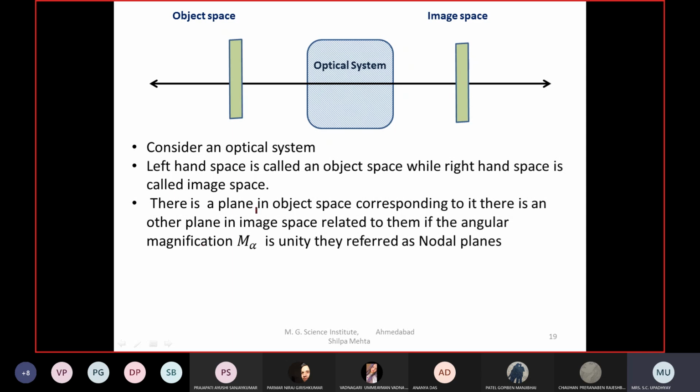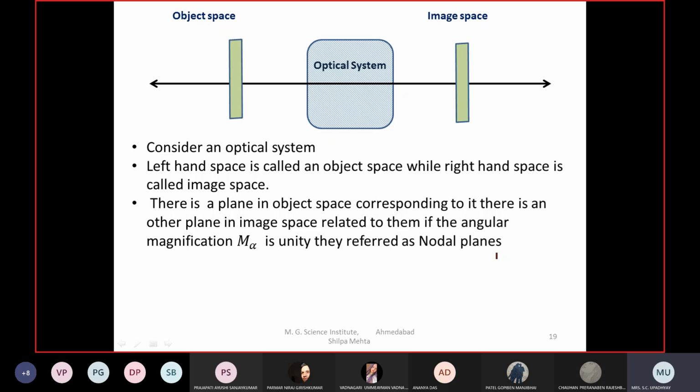So there is one plane in the object space, corresponding to it there is another plane in the image space, and related to them the angular magnification is unity, then they are referred to as the nodal planes.